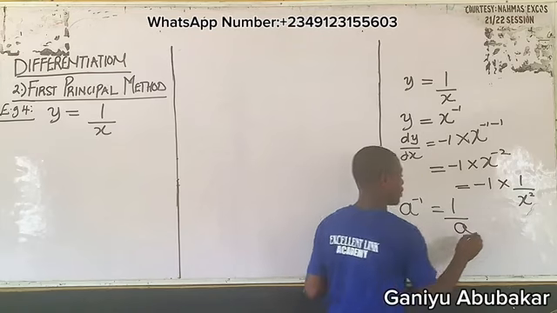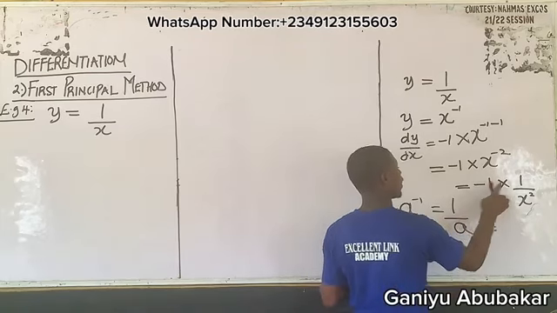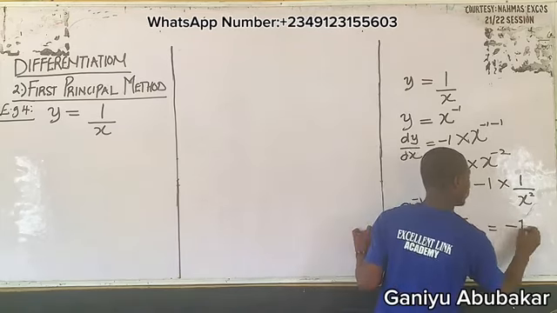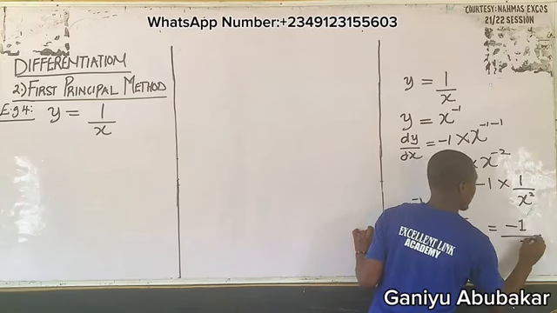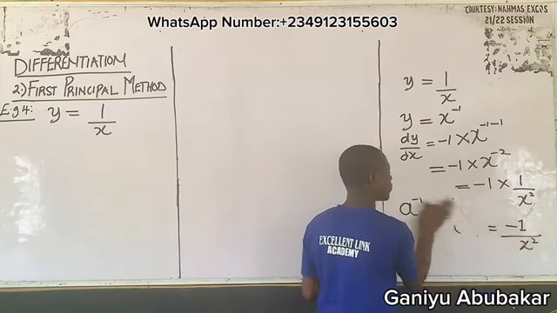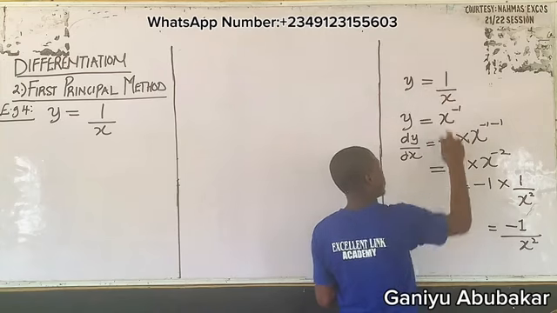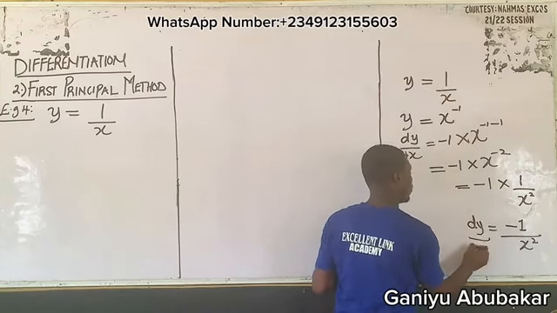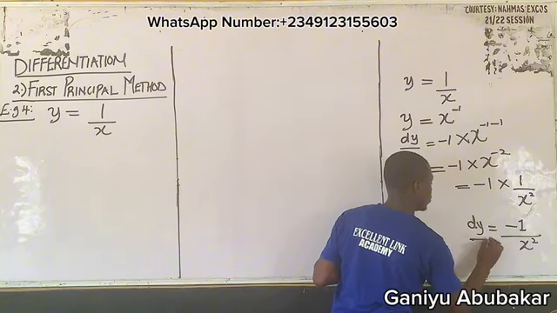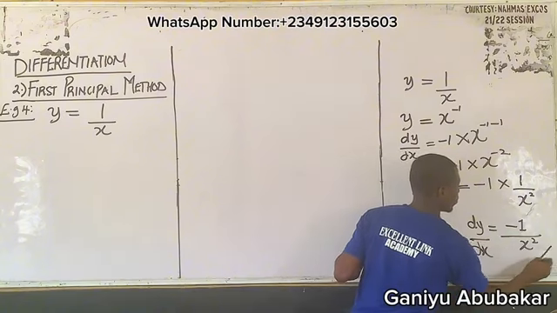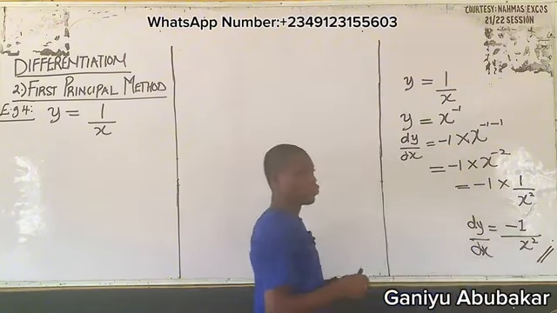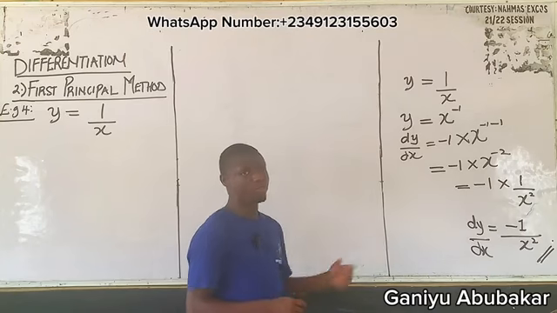Applying the indices, minus 1 times 1 is minus 1 over x squared. So if I differentiate y equal to 1 over x, my dy over dx is equal to minus 1 over x squared using the general method.